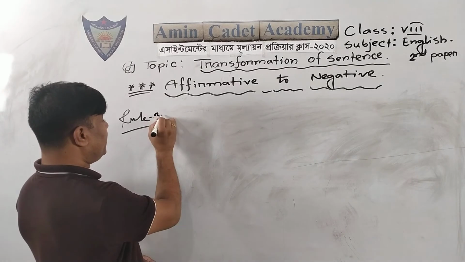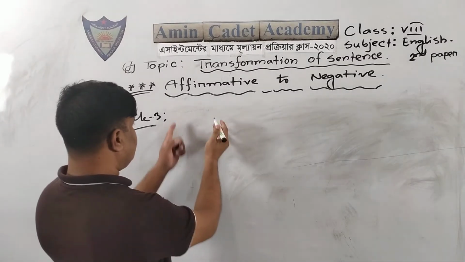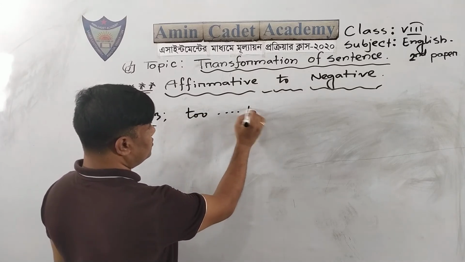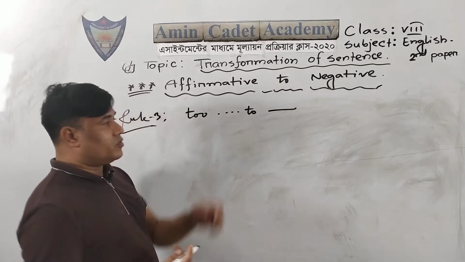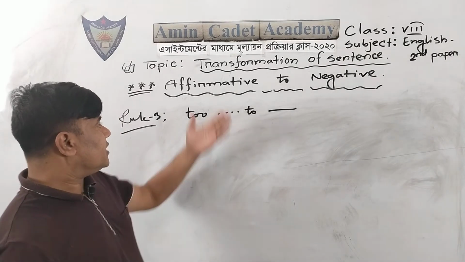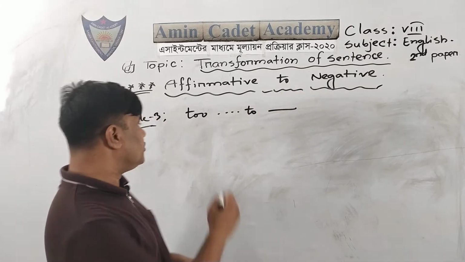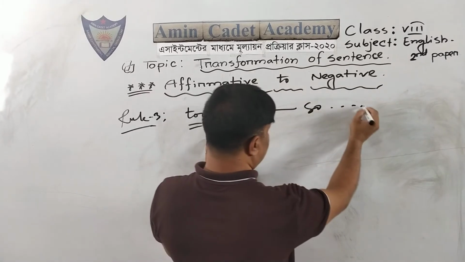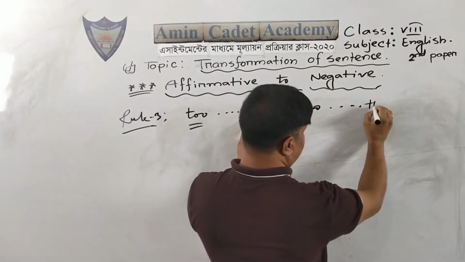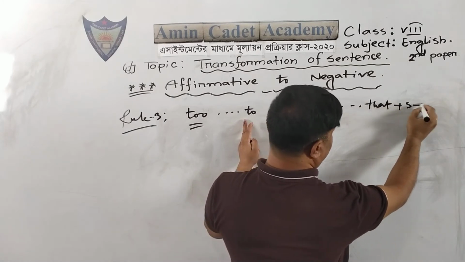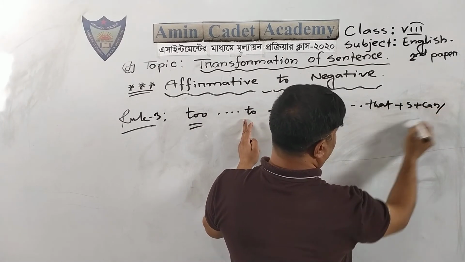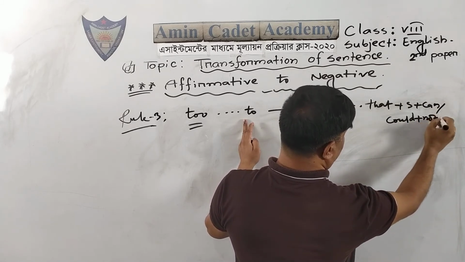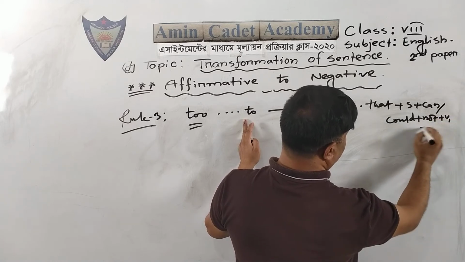Next, rule 3. Here, if any affirmative sentence carries too ... to, then if you want to transform this affirmative sentence into a negative sentence, you should write so instead of too ..., then that plus subject plus can or could plus not plus verb 1 plus extension.